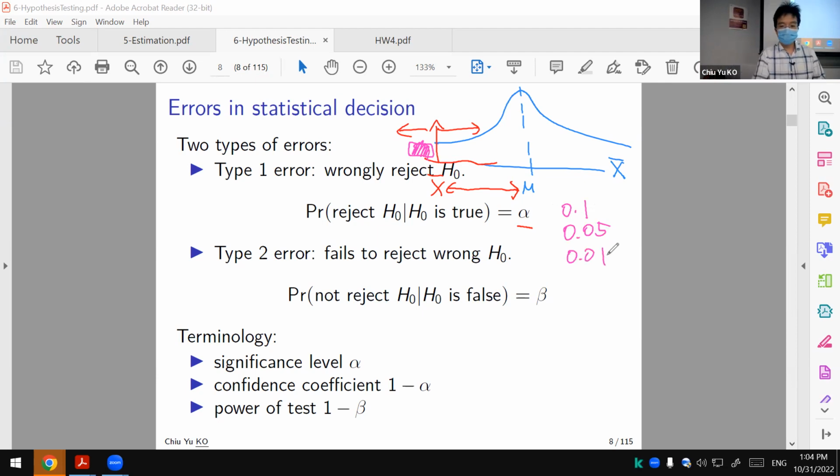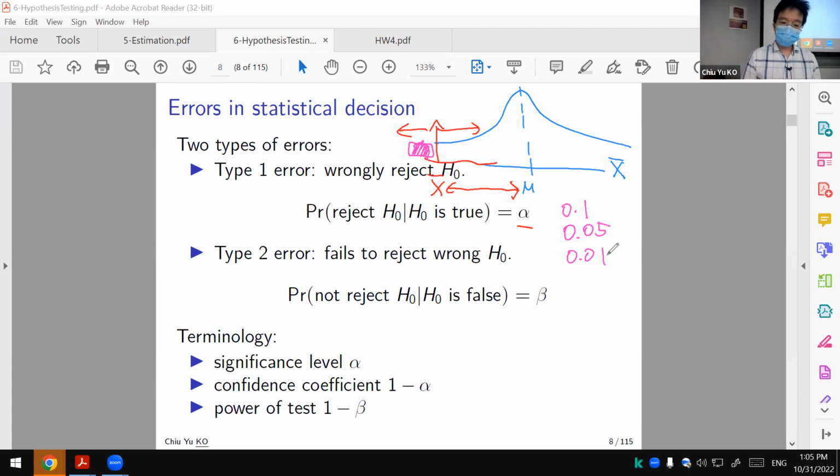So these are the three choices you would usually use in practice, right? This is the level of error you're willing to accept, right? So the smaller alpha, the more careful you want your conclusion to be, right? Say that is the level of reasonable doubt that you are willing to make, okay? The smaller the alpha, the more difficult to reject, okay? You're making a more careful decision, okay?